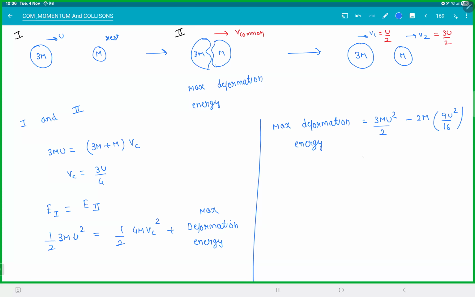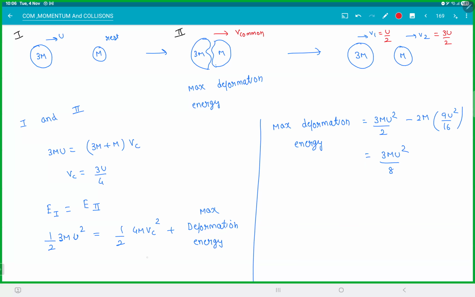That will be 3 by 2 minus 9 by 8, multiply by 4 4. That will be 12 minus 9, 3mu square by 8. This much energy goes into the spring.